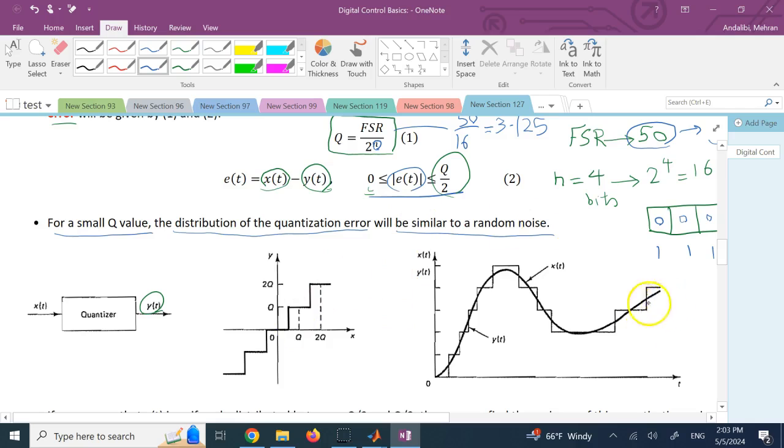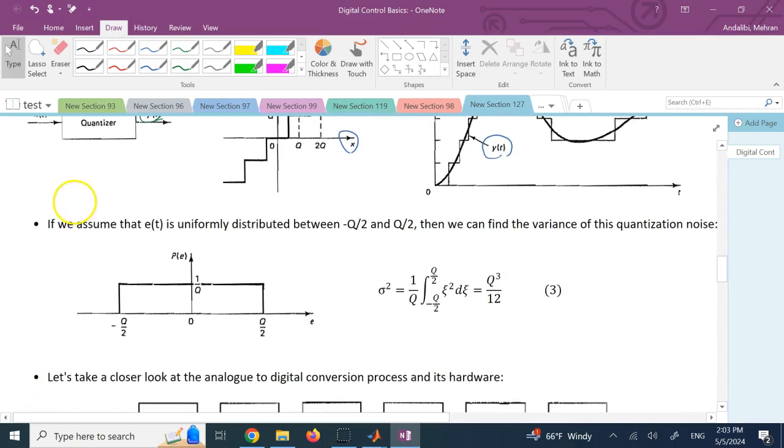And by the way, here is another good picture that shows you the original continuous signal x versus the quantized signal y, which is a stairway or staircase signal. And this is y as a function of x and the rounding operation. Now, if we want to find the variance on this quantization error, that's not easy because we need to know what kind of distribution.